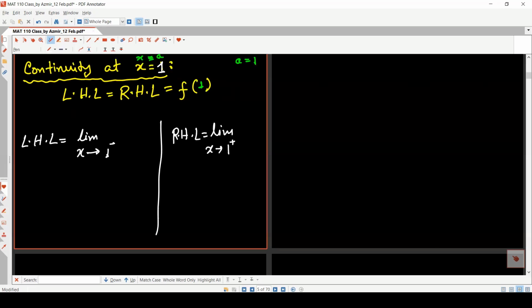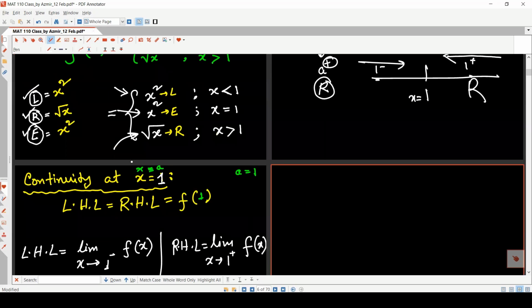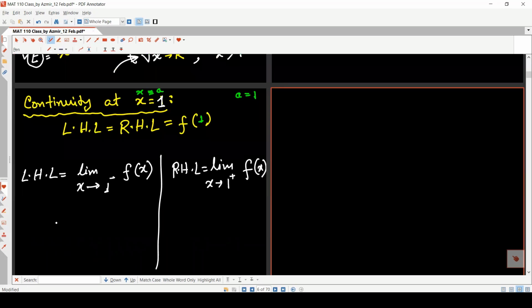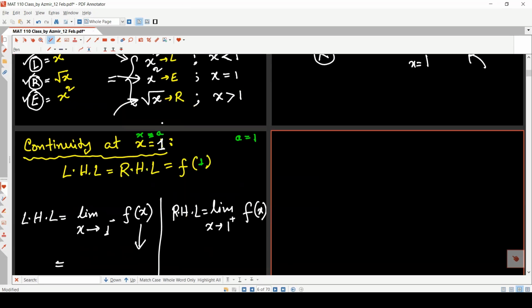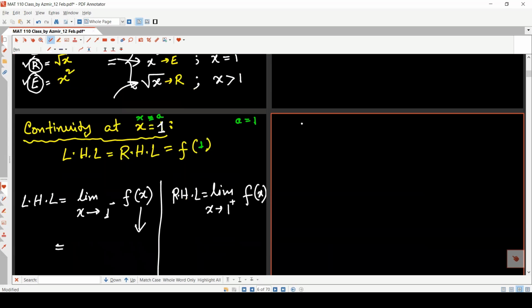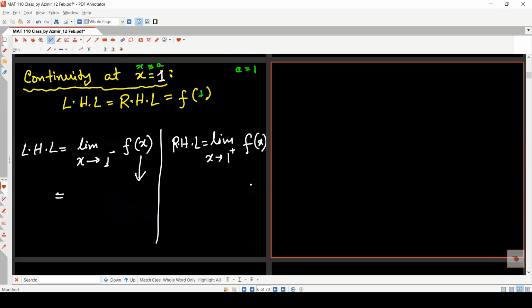That's why I have written here 1 minus, 1 plus, and f of x. Here we have f of x. We have to understand which function will be placed here out of these 3 functions, and similarly which function will be placed here.